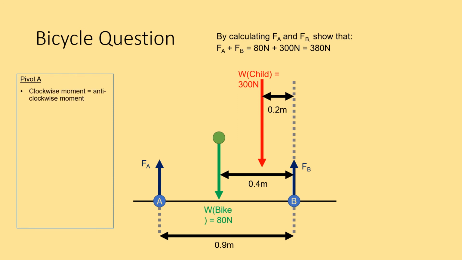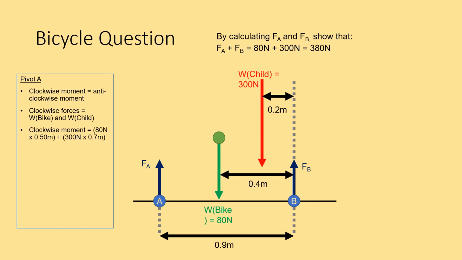Therefore, at pivot A, we look at these as two different pivots. The clockwise moment has to equal the anti-clockwise moment, otherwise there's going to be some rotation, and we don't have any, everything's at equilibrium. The clockwise forces are the weight of the bike and the weight of the child.